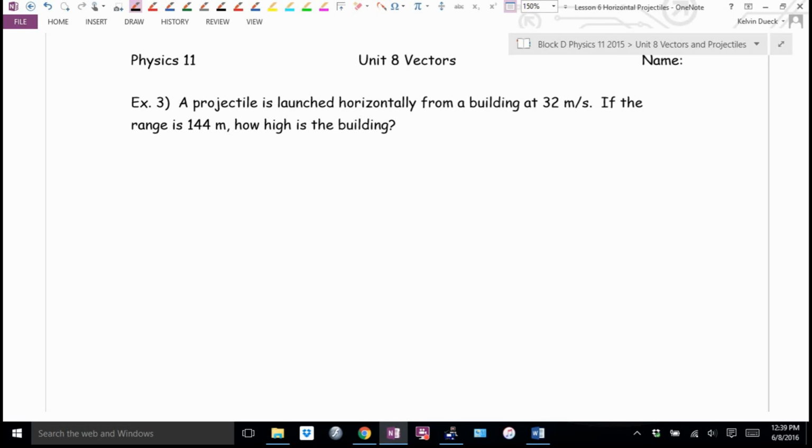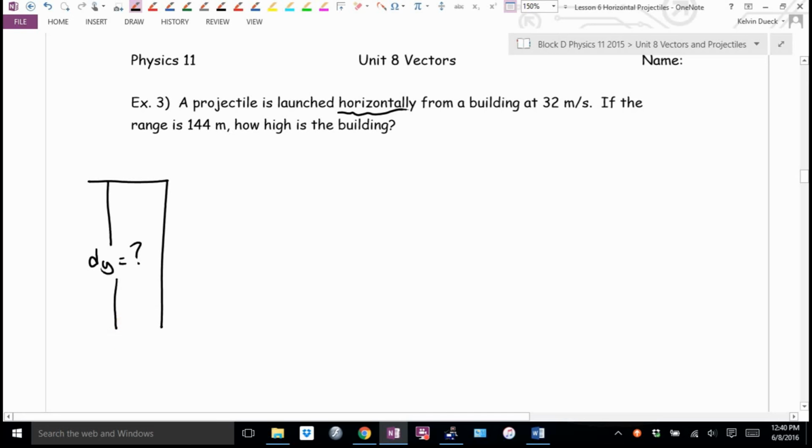Hey, Connor, let's do number 3 together. Is this a projectile? Yes. How is it launched? Horizontal. I'm going to underline that because that's going to help my approach. Oh, this picture is going to be a little different. This time, I think they want me to find the height.